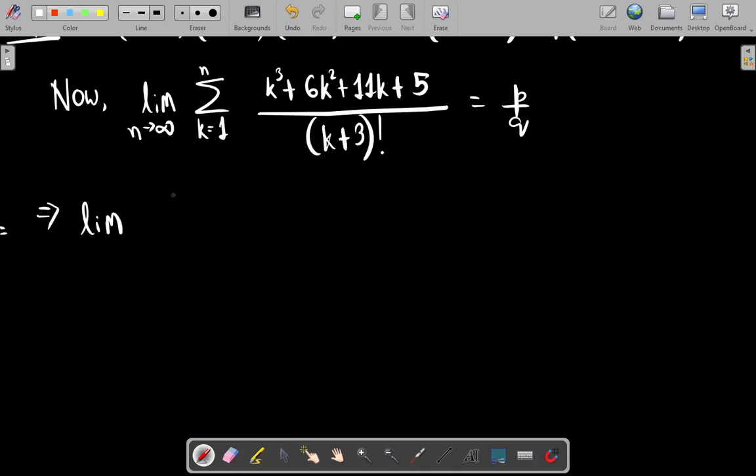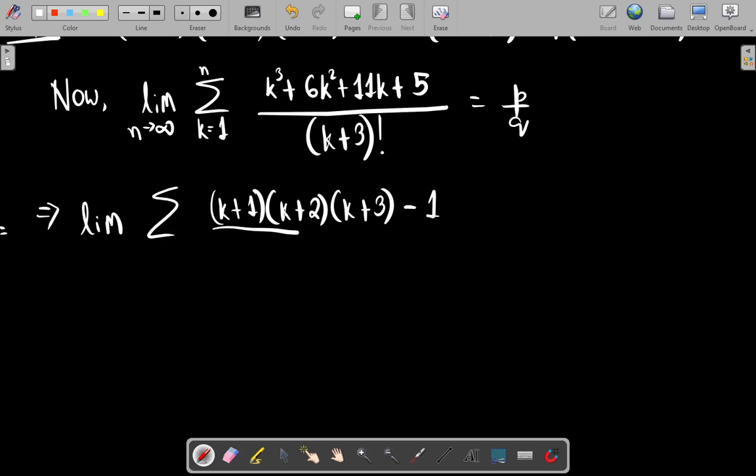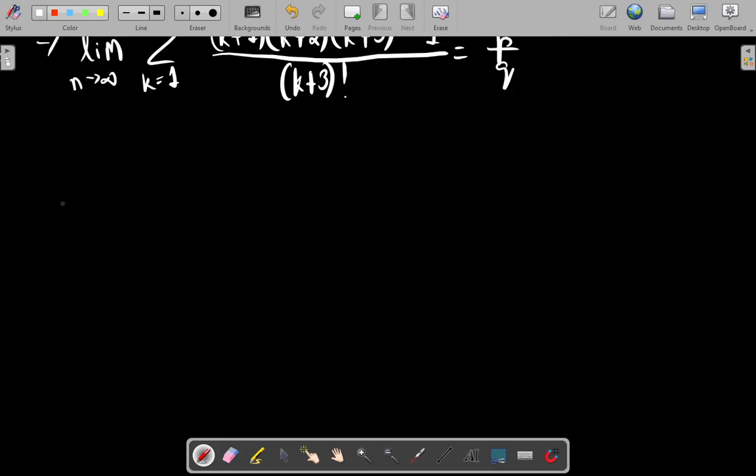So this becomes (k plus 1) times (k plus 2) times (k plus 3). But there is 5 in the numerator, so I will subtract 1 here, upon (k plus 3) factorial, with n tending to infinity and k going from 1 to n, equal to p upon q.